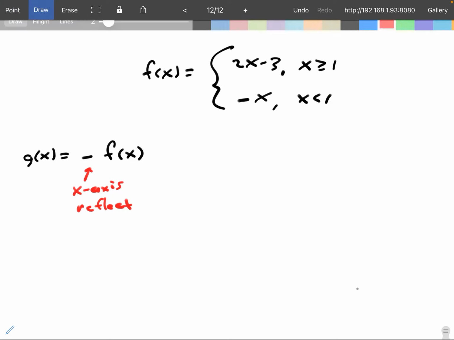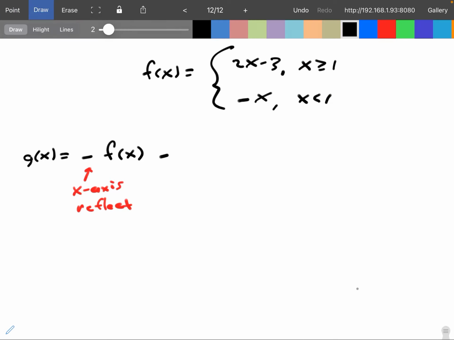So all we got to do for this one is just put a negative out in front of each branch or each piece. So we're going to have the 2 branches. We're going to put a negative out in front, and it's going to distribute on that top piece. And then we're going to put a negative out in front of the bottom piece also.